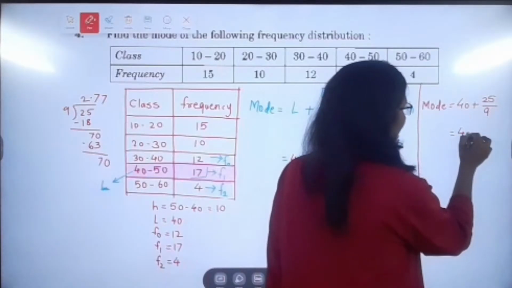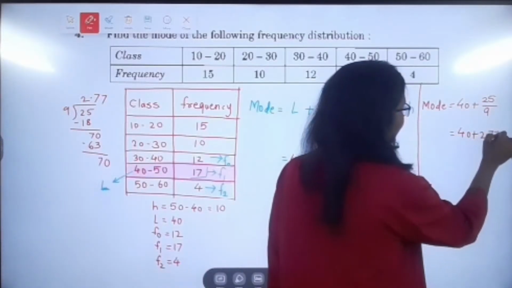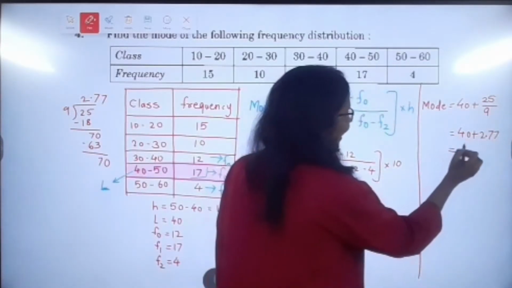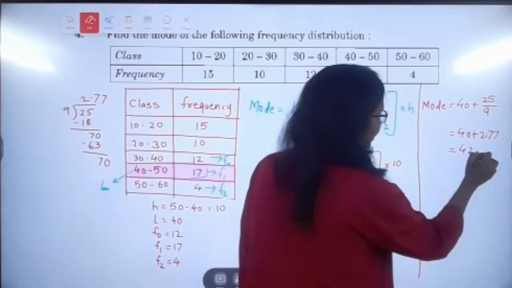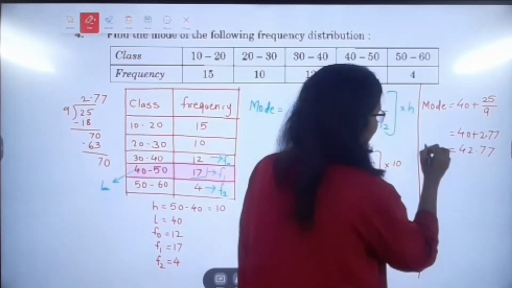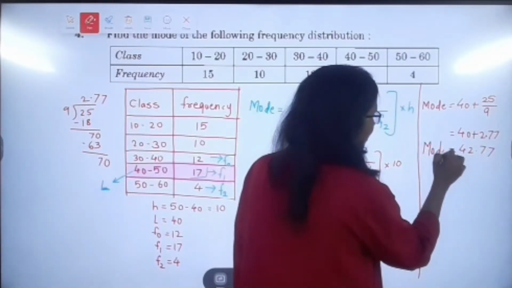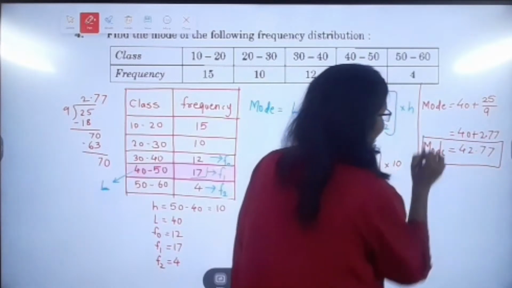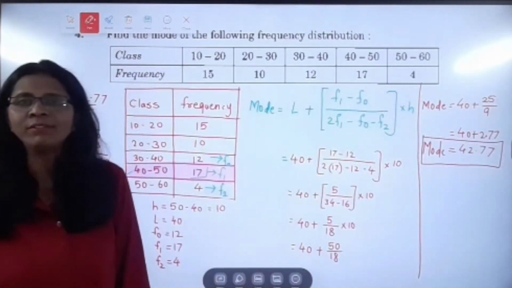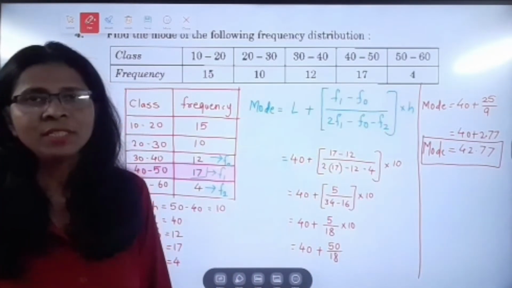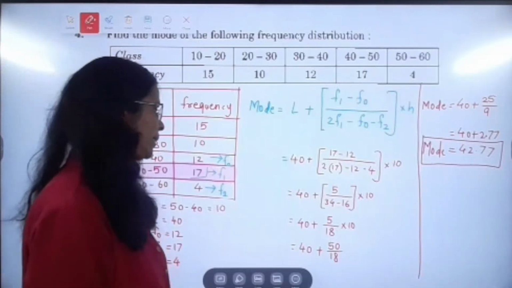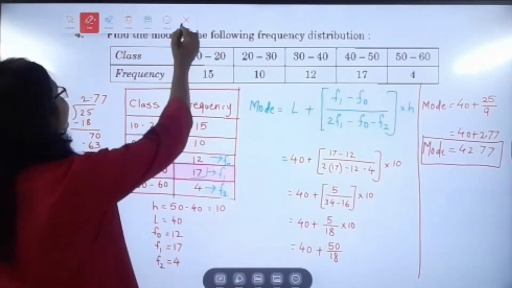So here 40 plus 2.77, adding this we get 42.77. So the mode is equal to 42.77. This is our final answer. Okay students, got it to this point? Then next one, students.